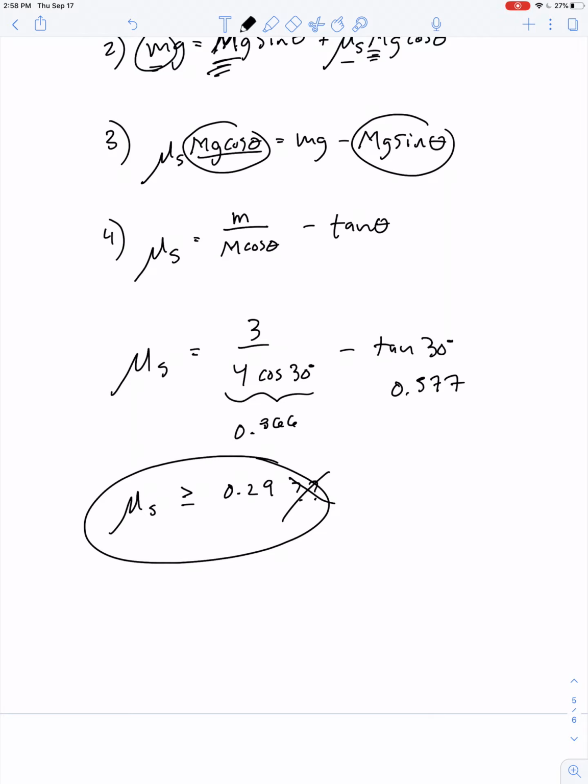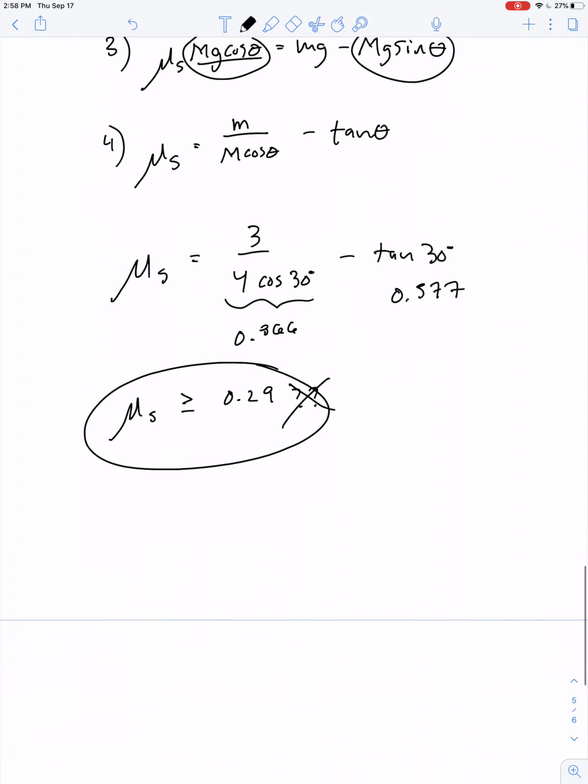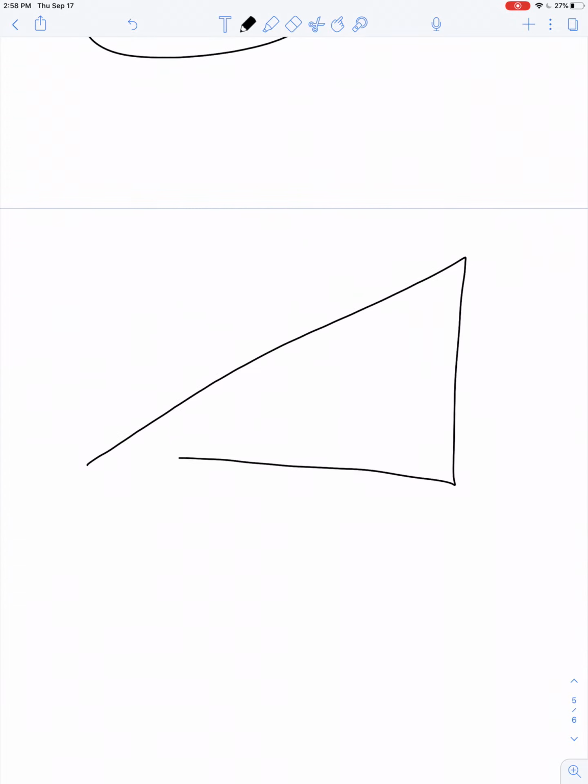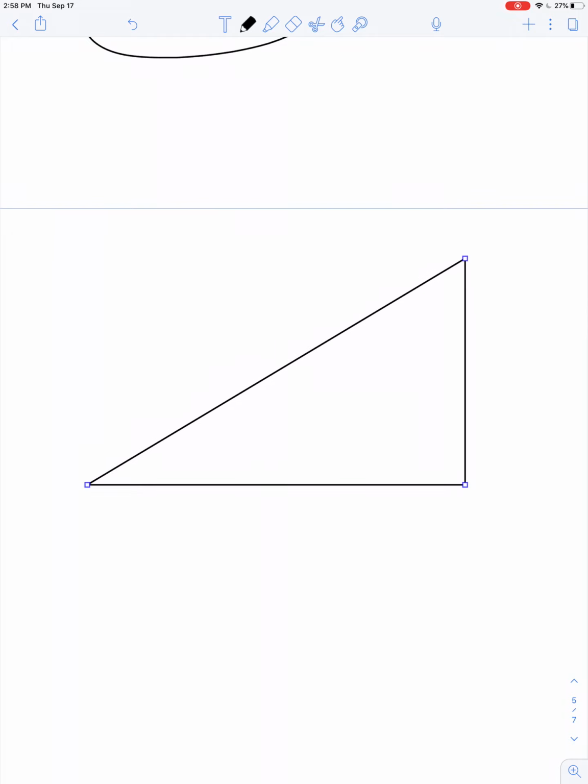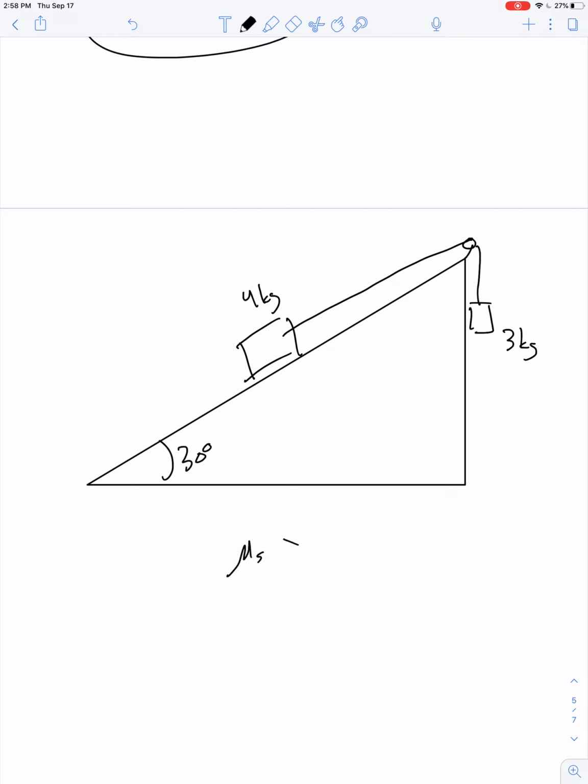Let's add one more wrinkle to this problem. Four-kilogram object, 30-degree incline, connected by a string. 3-kilogram object hangs vertically. And as long as the coefficient of static friction is greater than or equal to 0.29, the system remains at rest.